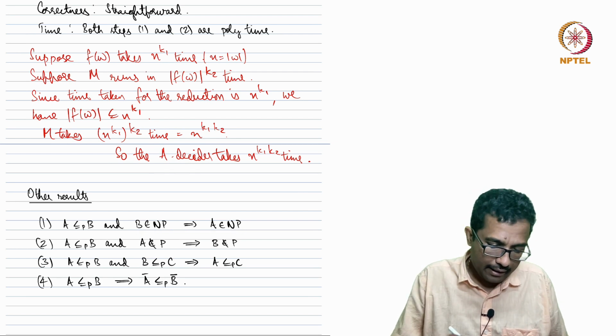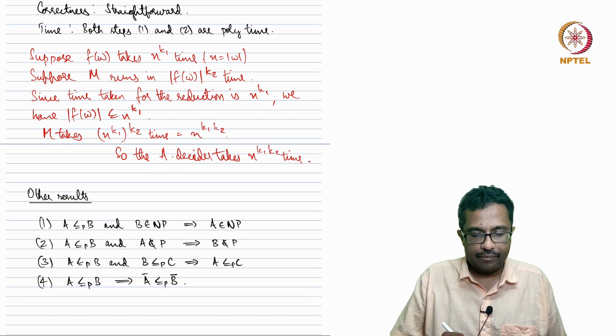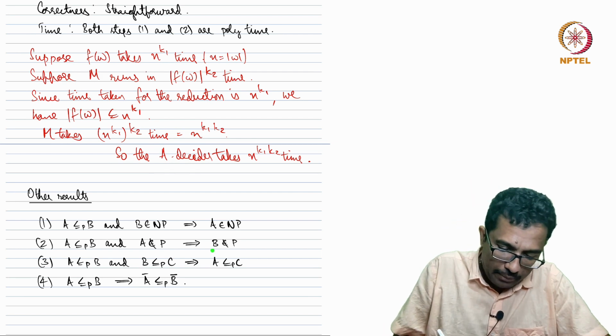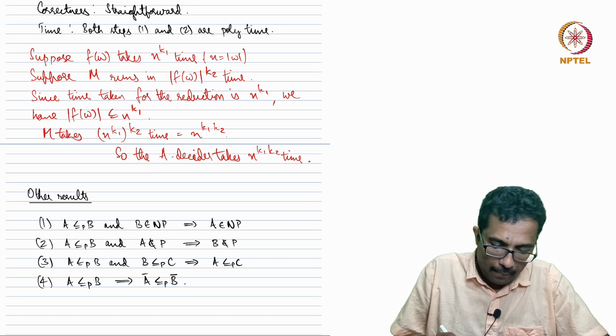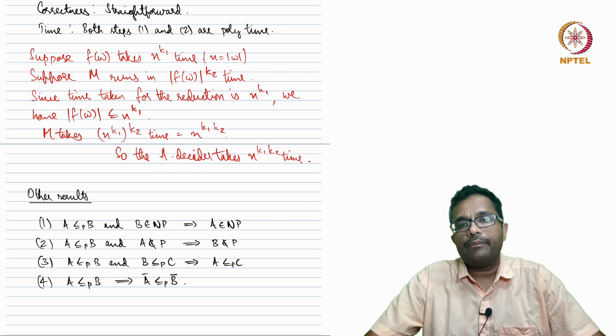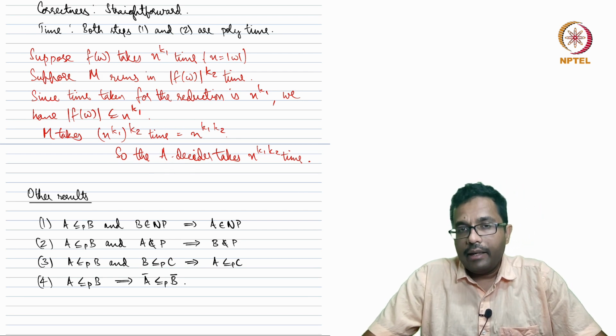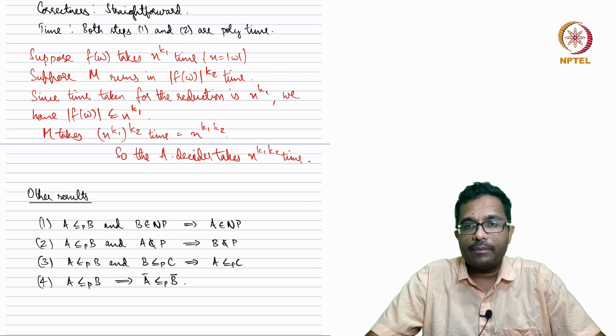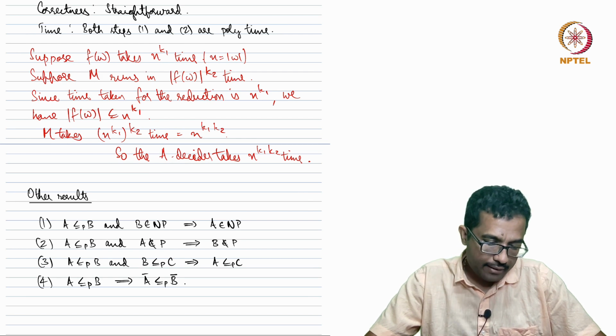The next thing is that if A reduces to B and A is not in P, then B is not in P. The analogous result is what we saw in chapter 5: if A was mapping reducible to B and A was undecidable, then B is undecidable. Why is this true?